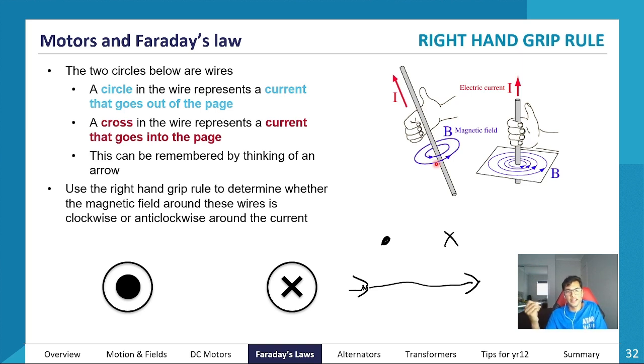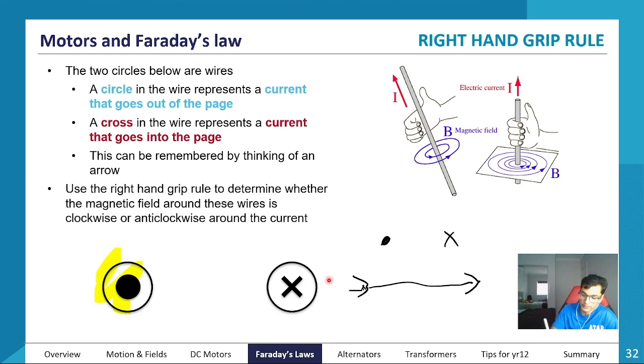And so we can use this idea to help us represent 3D things. Whenever we have a dot like this, we know that something is traveling towards us, like an arrow. And if we have an X like this, we know it's traveling away from us, because with an arrow traveling away from you, you would see the crosses.